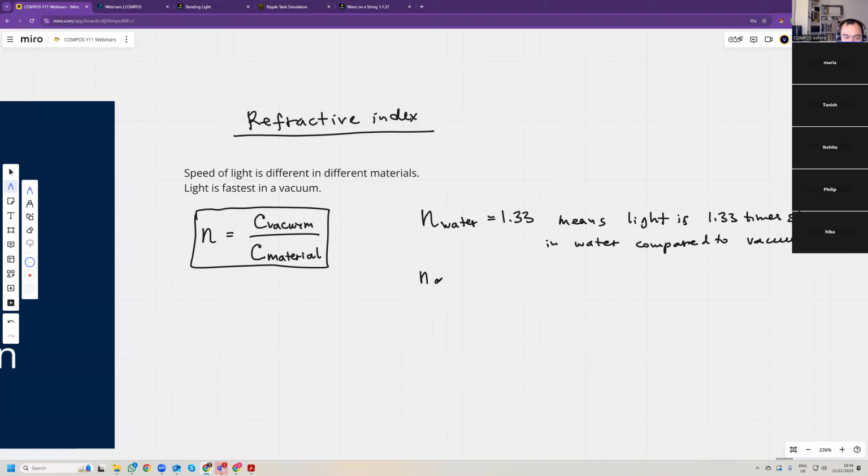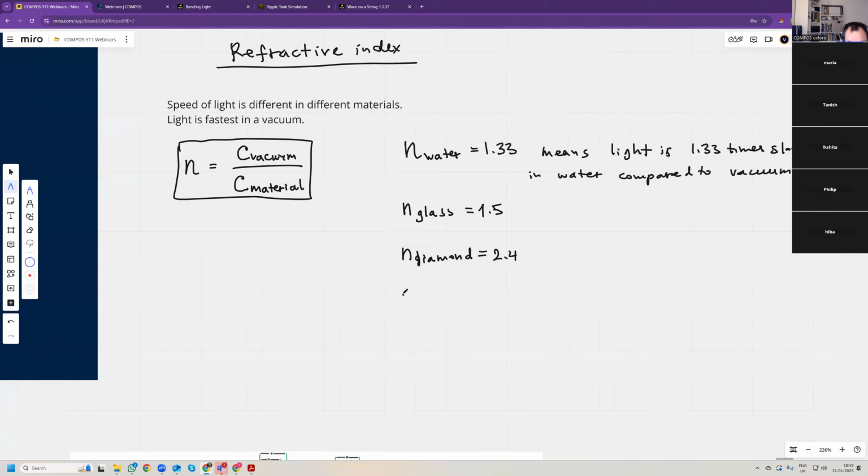And the same for glass: n is 1.5, which means light is 1.5 times slower. For diamond, it's 2.4, so light is 2.4 times slower in diamond compared to vacuum.